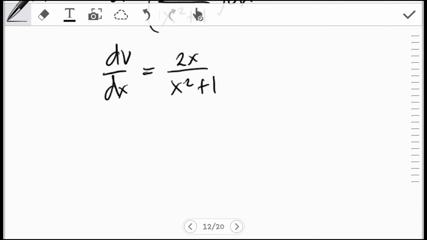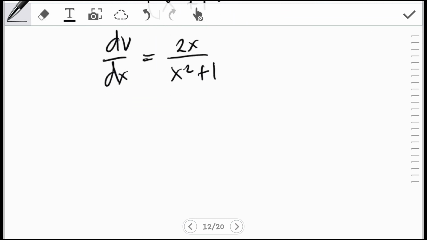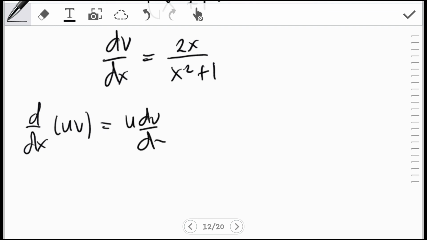So again, since the problem is using the product formula of differentiation, which is d over dx of uv equals u dv over dx plus v du over dx.